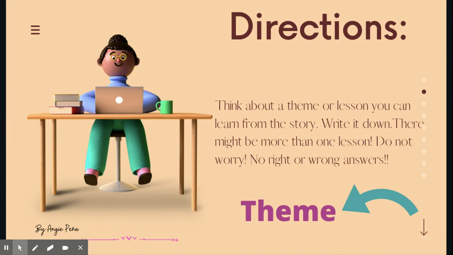What I would like you to do is think about a theme or lesson that you can learn from the story. You will write it down, and there may be more than one lesson. Do not worry, this is not meant to have a right or wrong answer. The skill that we will be working on is the theme, okay? That's why it's right here.